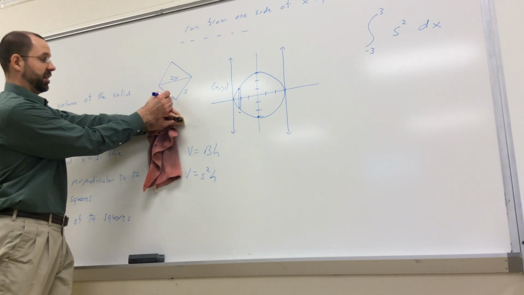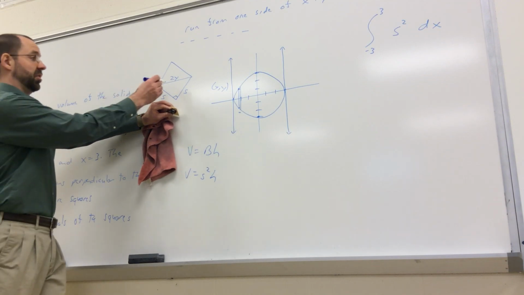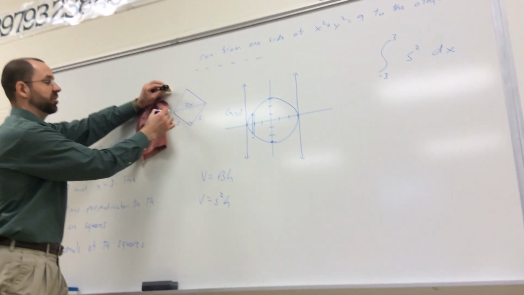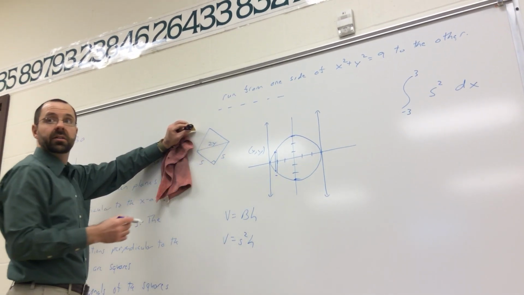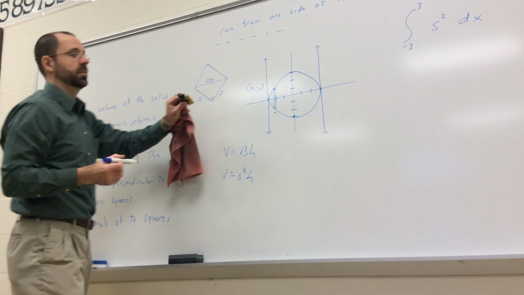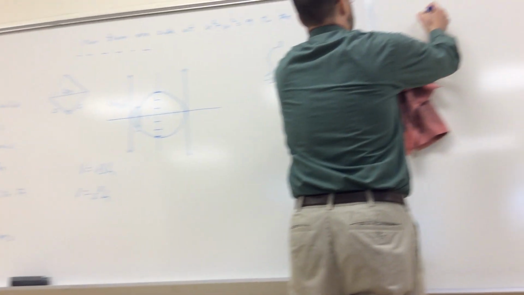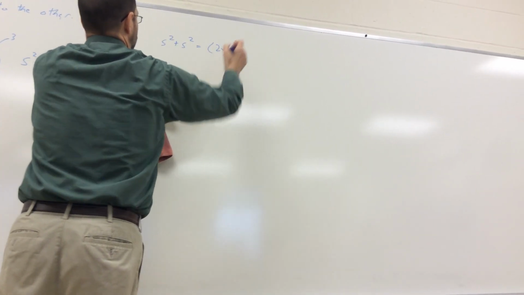Okay, so then this is a right triangle. That's a right angle, so this is a right triangle. So then I can use the Pythagorean theorem there. S squared plus s squared equals the 2y squared.